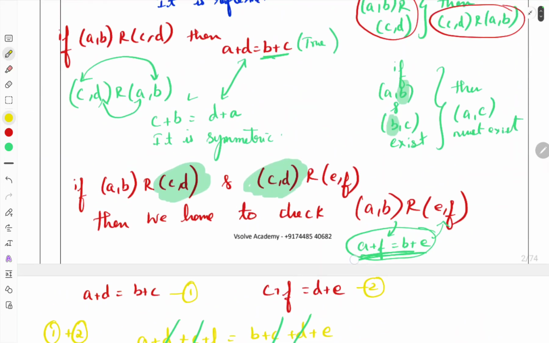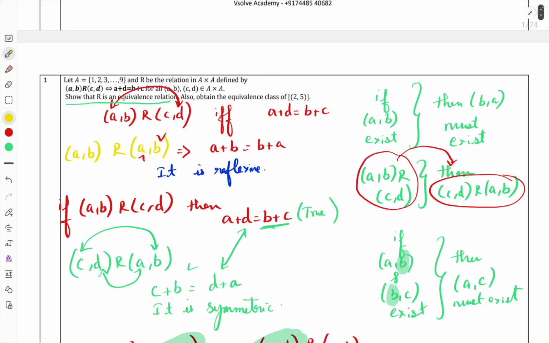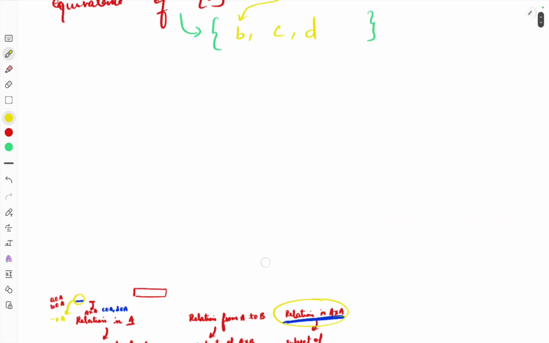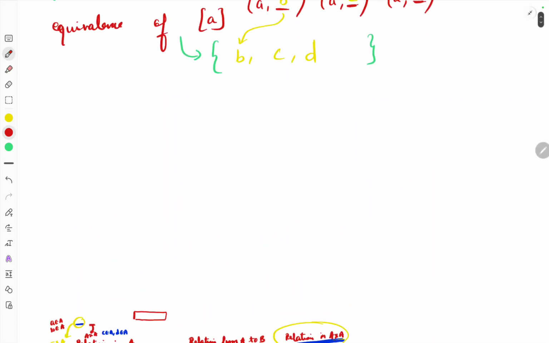But here what they are asking is the equivalence class of (2, 5). So we have to write all those elements to which (2, 5) is related. So (2, 5) is related with some (A, B).